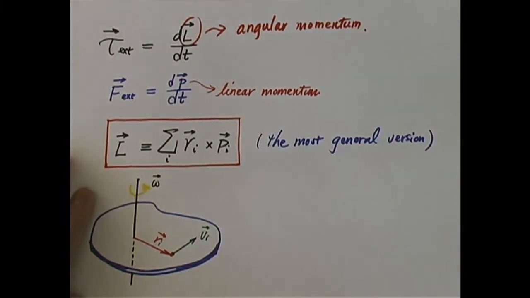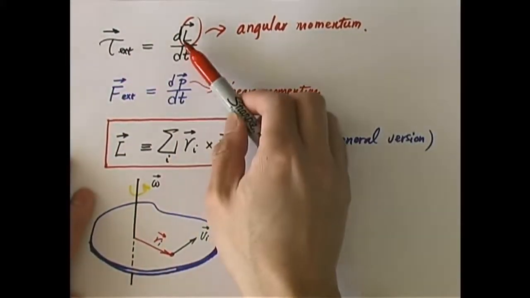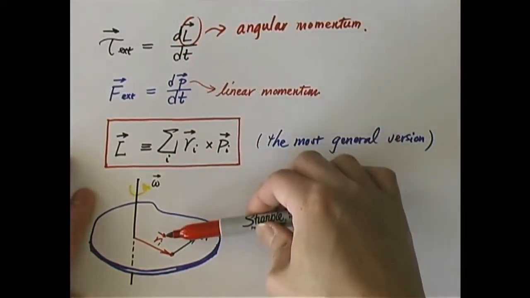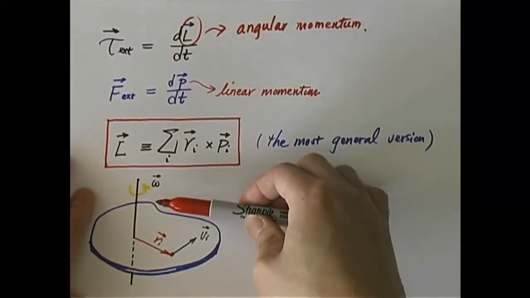Well, we can do what we did in chapter 9 for the motion of a system of particles. For each particle, I can write the torque on that particle equals dL of that particle over dt. Right? I write one equation for each of them. And then I'm going to add all these equations up. Add all the particles up.